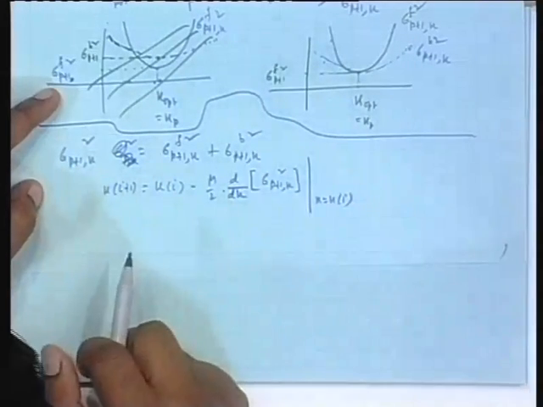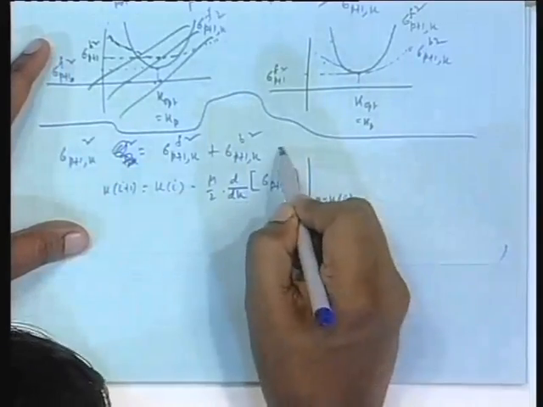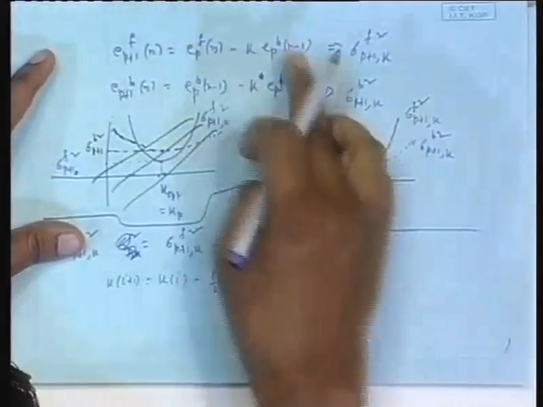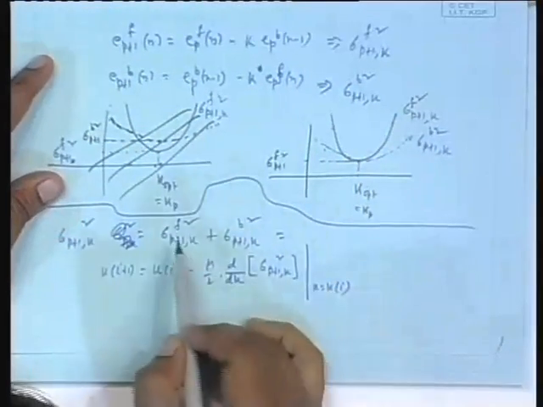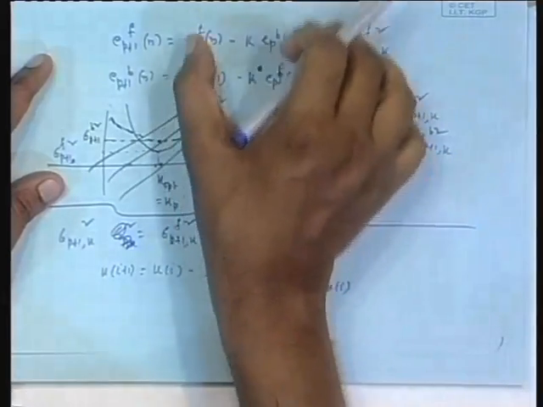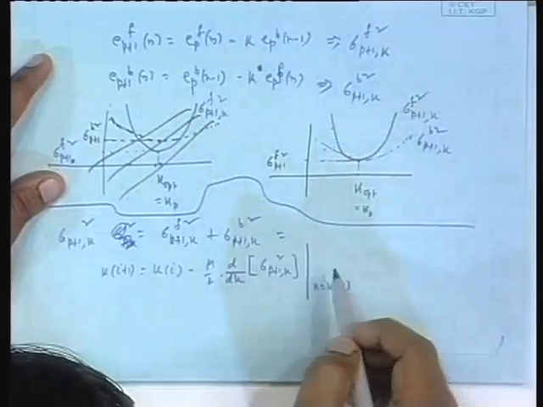And what will this give rise to? This norm square, if you square it up and differentiate this, what we will get actually after differentiation?